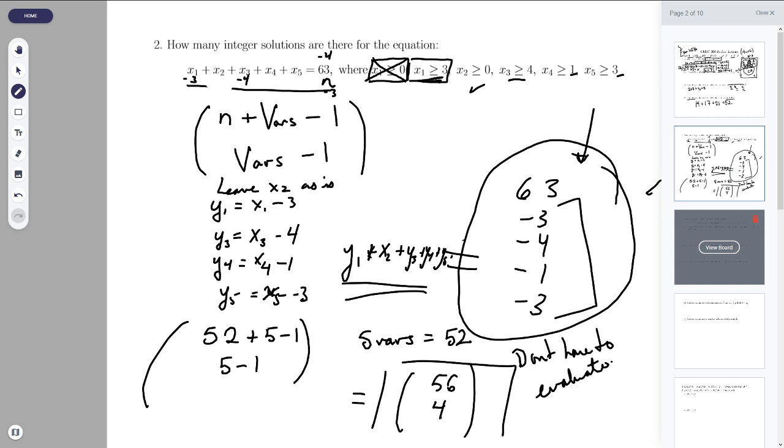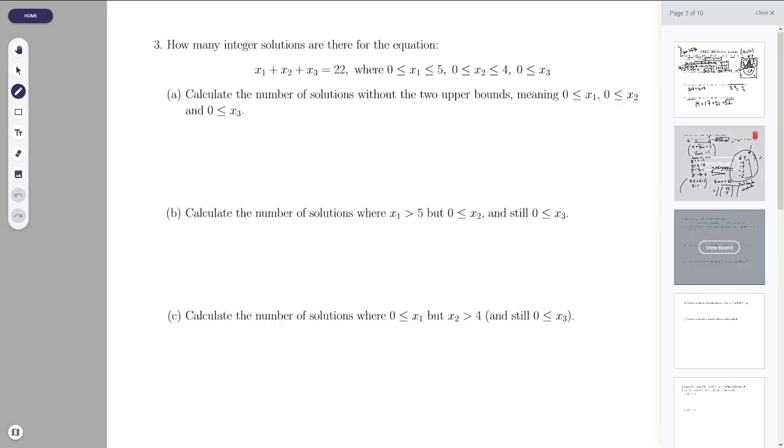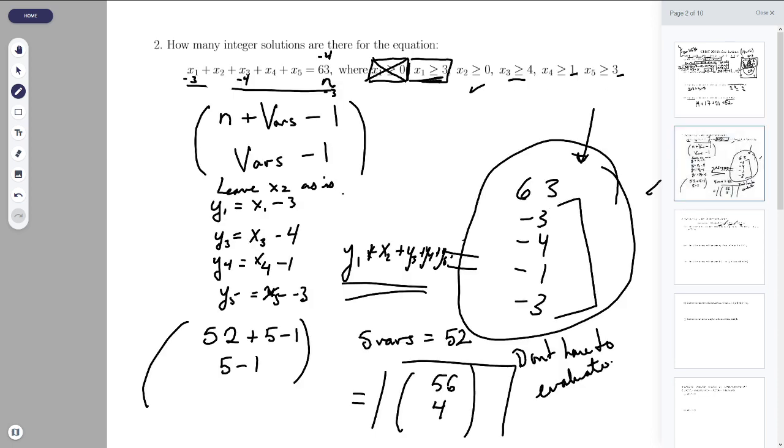Okay. So let's go on to the next one. I think the next one is more complicated. Yes, it is. So calculate the number of solutions without the 2 upper bounds. You notice that I made this problem relatively simple. There's no problems with the lower bounds. They're all just 0. So if we ignore the upper bounds here, basically in this case y2 is equal to x2, because it's technically minus 0.